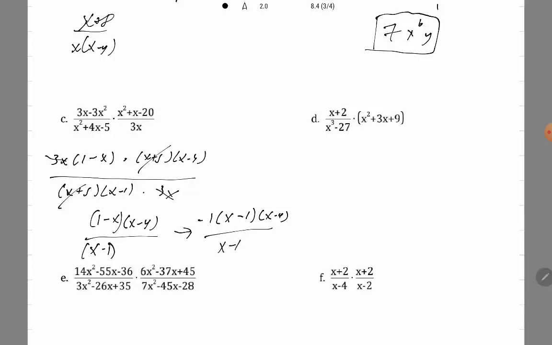And now the x minus 1s will cancel. So I'm left with, going in a weird direction here, negative x minus 4. That will be our answer.